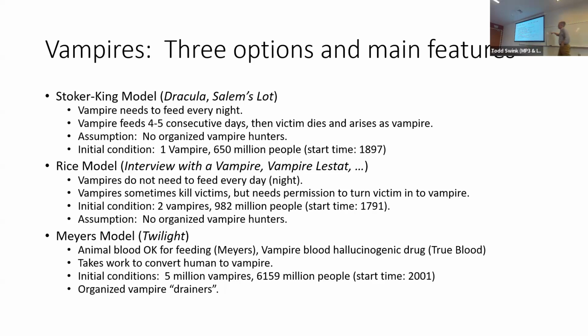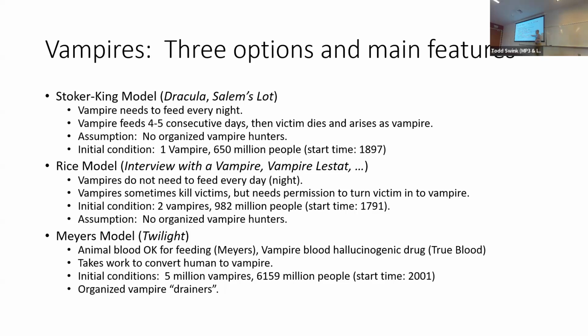And then the last one is Stephenie Meyer's Twilight, whose vampires don't have to feed only at night. They can feed on animal blood. But then there's also the True Blood series, around the 2000s. This is a TV series where vampires and humans coexist, and vampire blood is sought after as a hallucinogenic drug for humans, so now we're consuming their blood too.